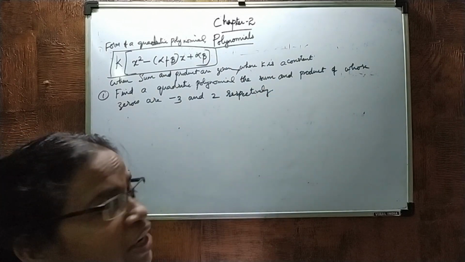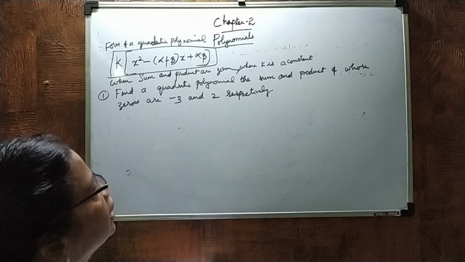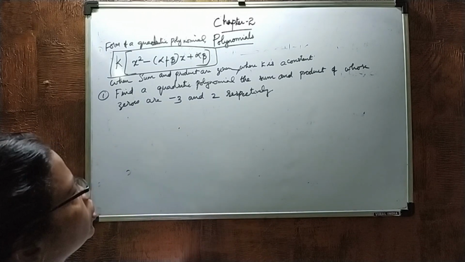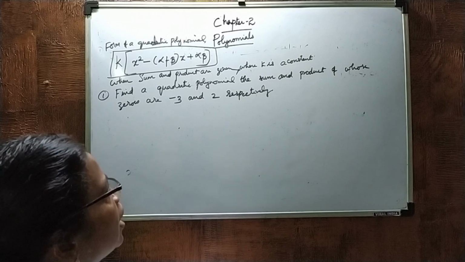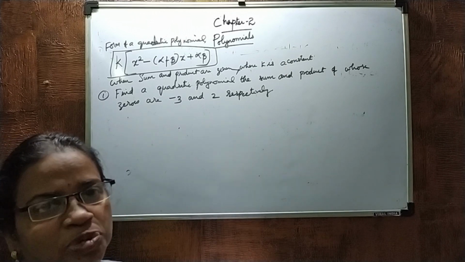Question is, find a quadratic polynomial, the sum and the product of whose zeros are -3 and 2 respectively.